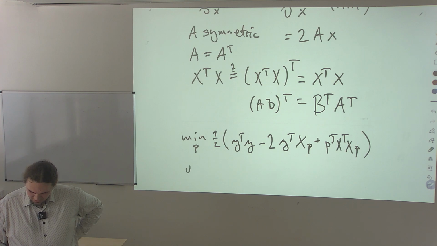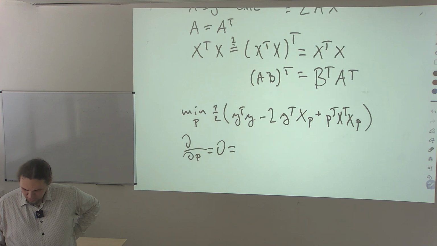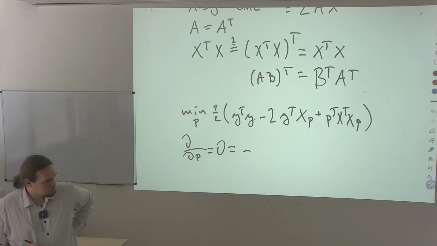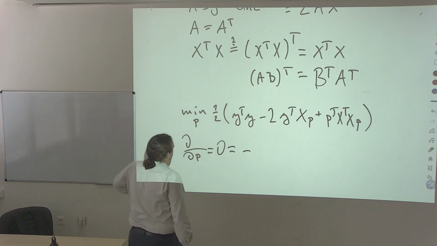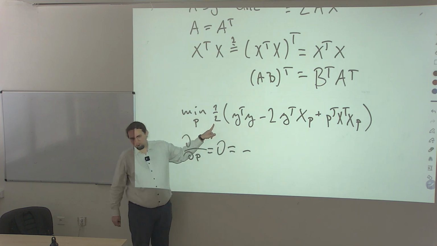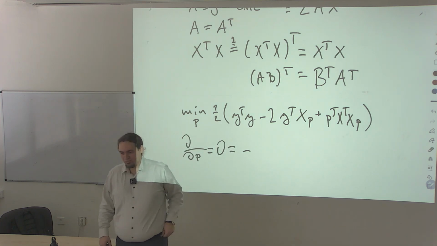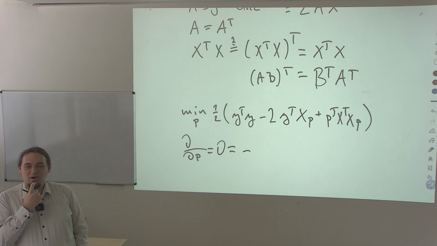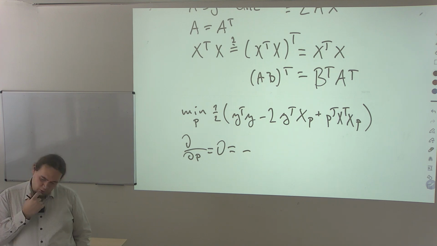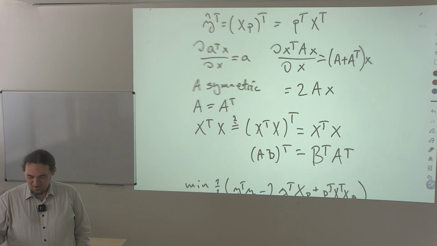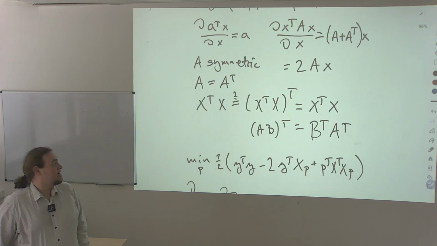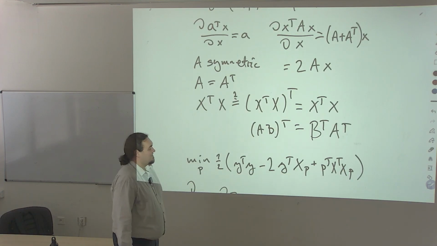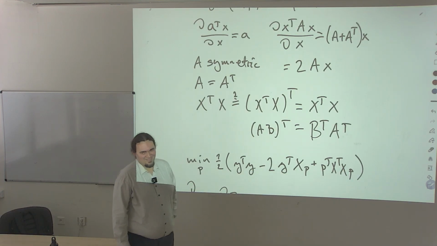So let's do the differentiation with respect to p. We want it, of course, to be 0. So 2 remains. No need to write anything. And then what should I write? Y? No. Oh, sorry. Yeah, y.